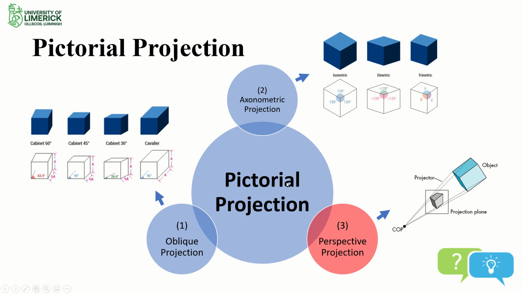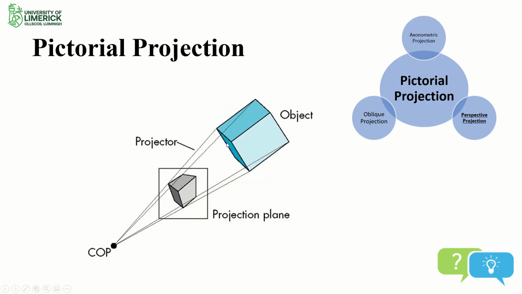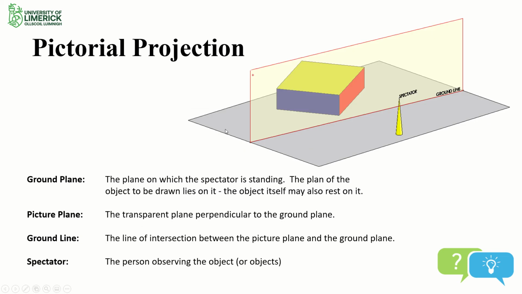Now we're going to move on to our last type, which is pictorial projection. Now for pictorial projection, it's different again, and there's a few bits of key terminology that you'll need to learn before we run through an example of how to complete it. What I've done here is I've taken images that someone else has created on the T4 website to help explain, I suppose, all the key bits of terminology that you'll need to know before completing the task itself or watching even my example video.